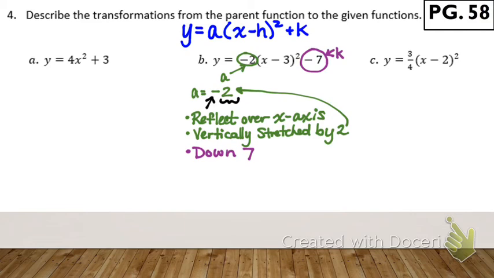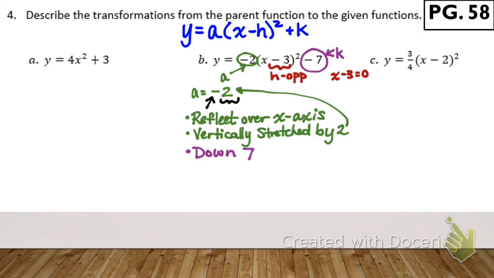And then the last thing I need to find is what? The H. I see this here. I know that's not H, but it's very close to H. It's going to have the opposite sign of H. To find what H is, I take what's inside the parentheses and I set it equal to 0. And then I solve for x by doing what? You like to add.